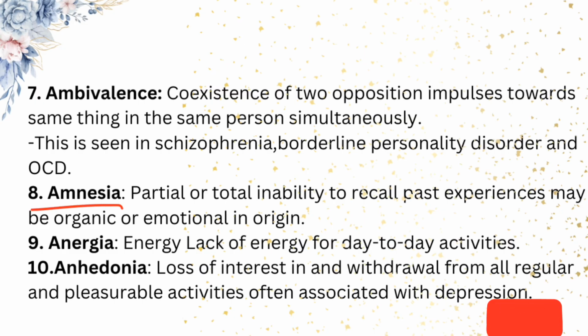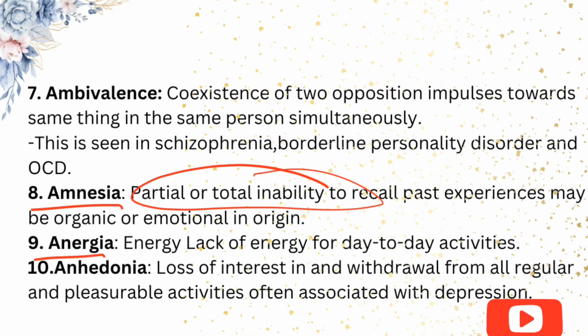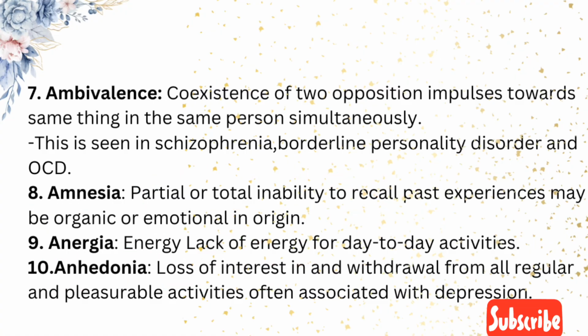Then next is amnesia, means inability to recall. Anergia, lack of energy. Anhedonia, loss of interest. So this is all about today's video, and we'll continue for next terminologies of our series top 100 amazing terminologies for psychiatry.